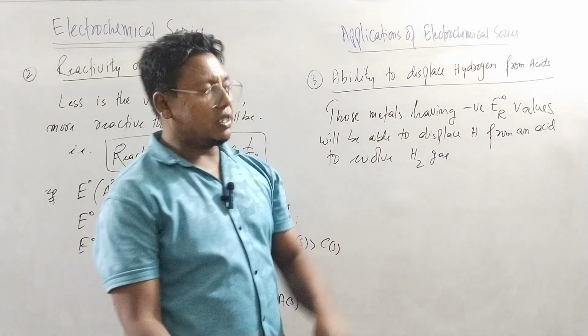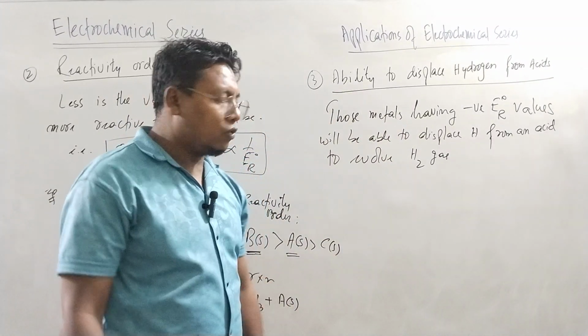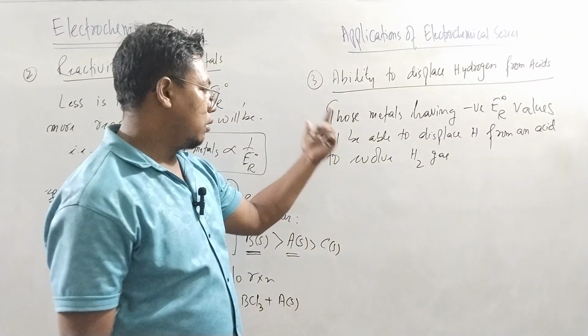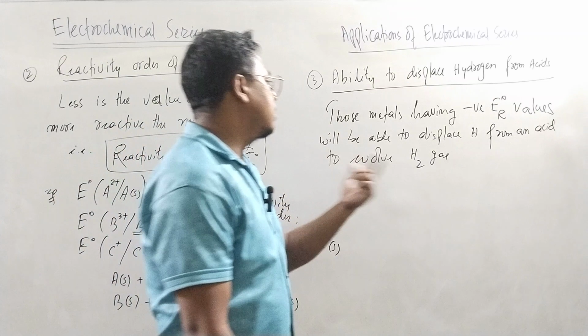And those metals having positive E naught R value will not be able to displace or to evolve hydrogen gas from an acid solution.